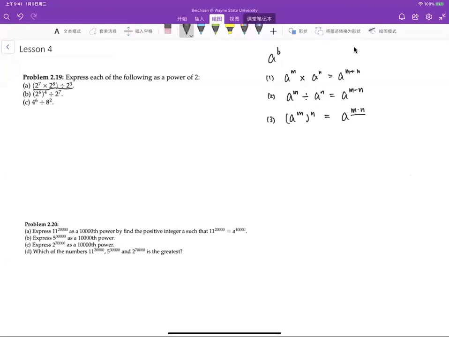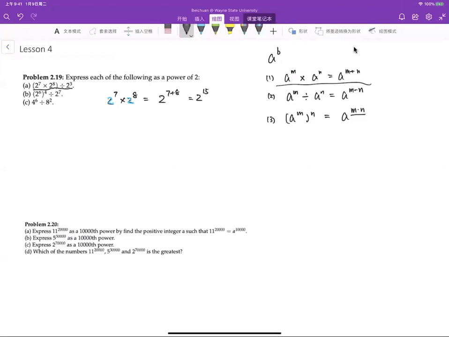And then you can see that definitely we need to calculate 2 to the 7th times 2 to the 8th first, right? So in this case, because they have the same base, right? So both of the bases are 2. So basically we just apply the first property. So that's equal to 2 to the 7 plus 8, which is 2 to the 15.